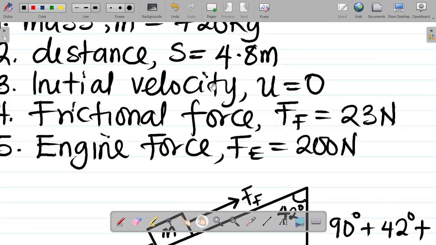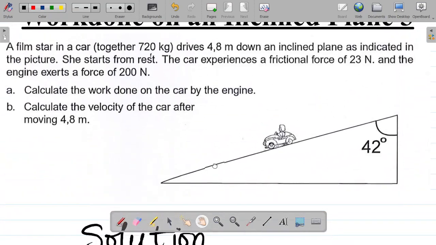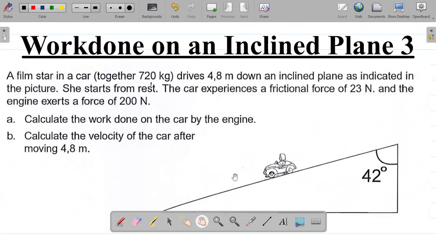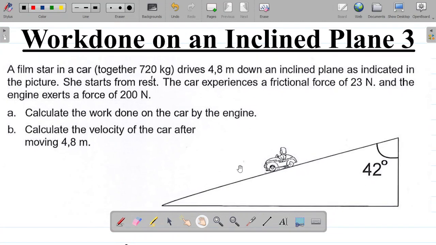Okay. What else acts here? Recall that in our previous class we discussed the concept of motion on an inclined plane, that the force that pulls a body down an inclined plane is given by mg sine of theta. So that one also comes into play. That's the final force there.